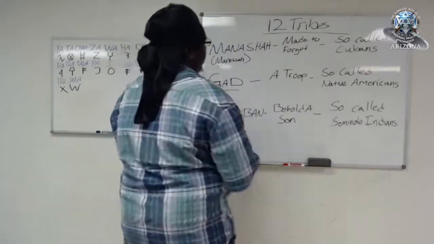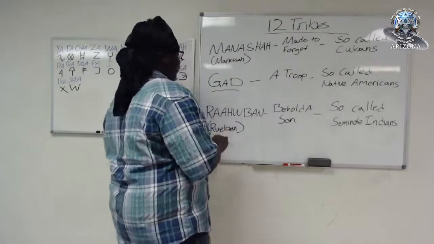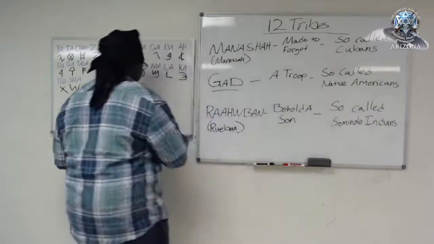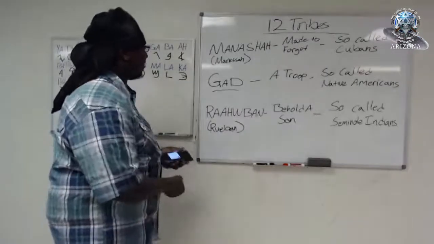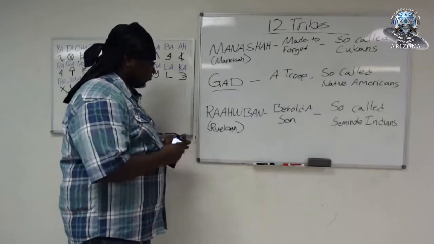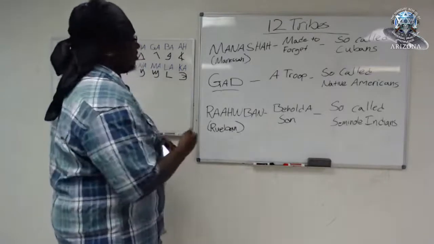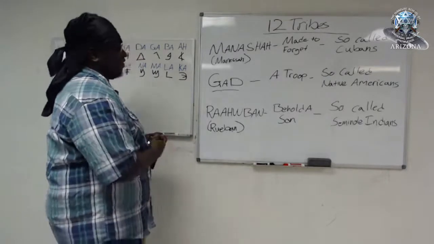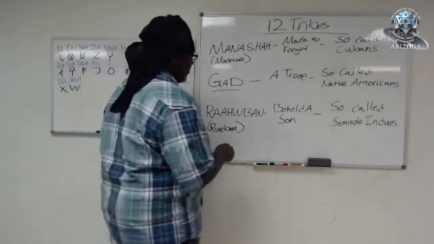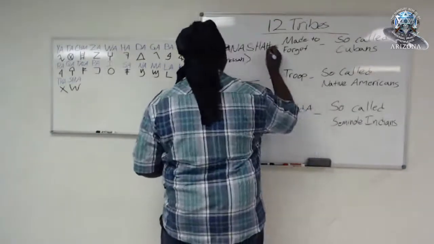So Manashah is Manasseh in Hebrew. Gad is Gad, in English or Hebrew. Rabon is Reuben in Hebrew. All right. So Manasseh is the so-called Cubans. Gad is the so-called Native Americans. And Rabon is the so-called Seminole Indians.